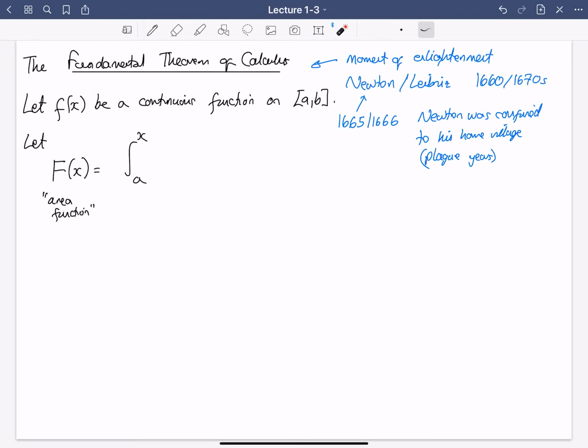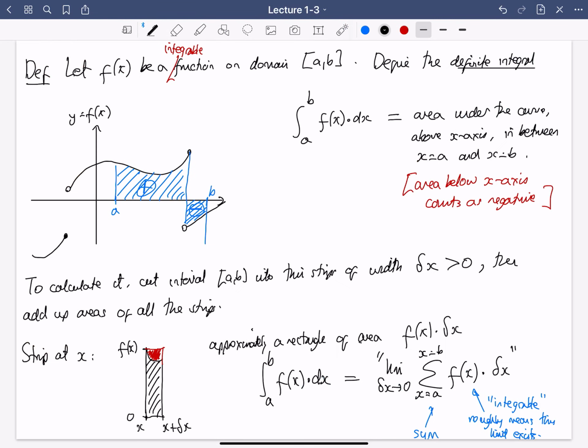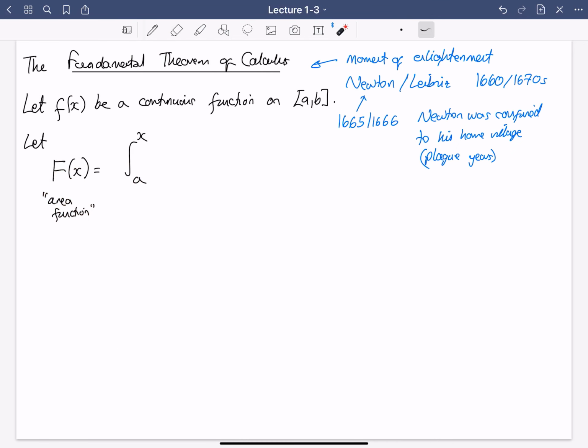Okay, so hang on. Back in the previous slide when I defined the definite integral, I had from a to b, and then I used f of x dx. But I've just put an x in the upper bound of my integral. So I can't use the letter x again. x is already used up, so I better use some other letter. I think I'm just going to use t, dt.